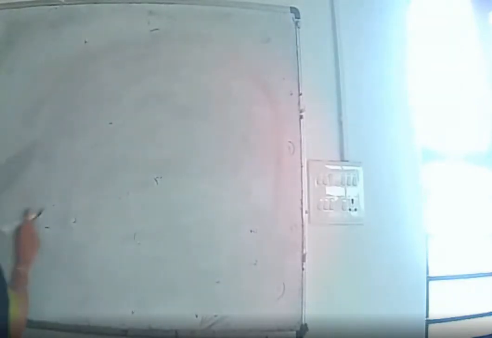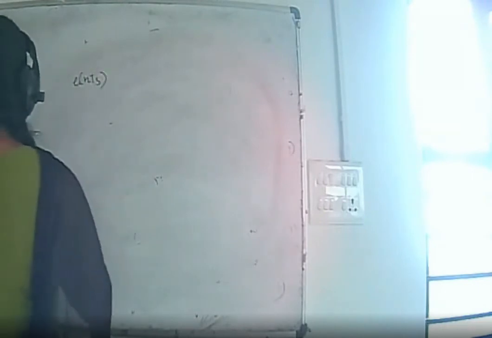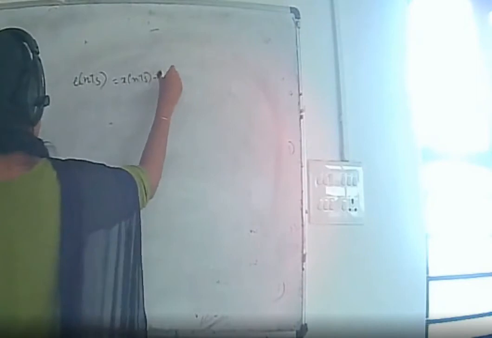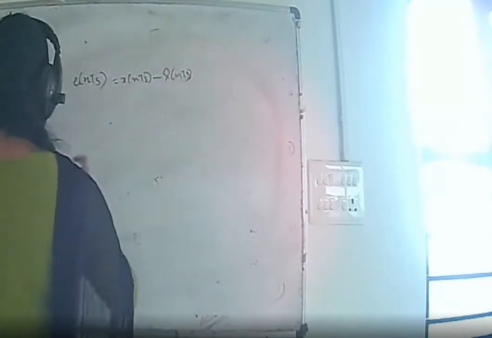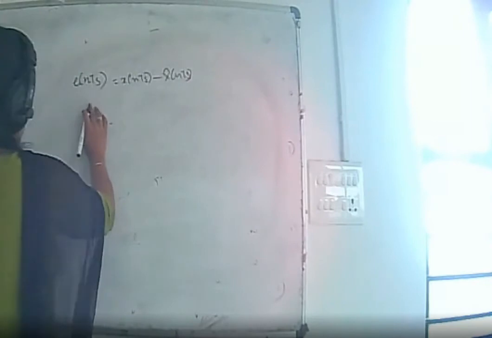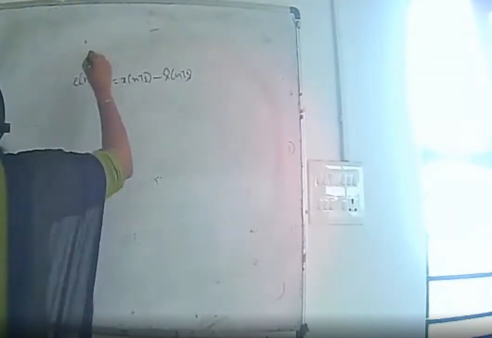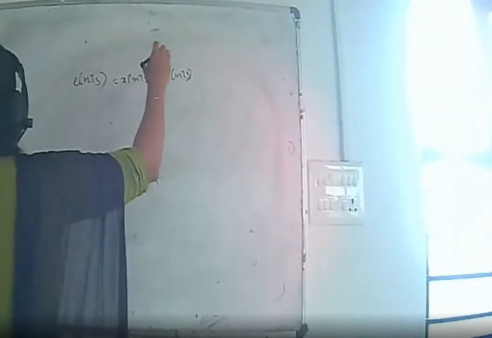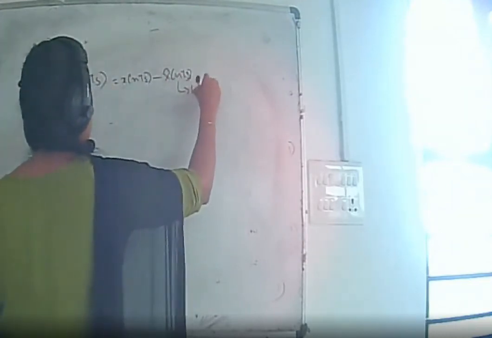Here the error is E of nTs, which is nothing but x of nTs minus x cap of nTs, similar to DPCM, where E of nTs is the error, x of nTs is the sample signal of x of t, and x cap of nTs is the last approximated sample.